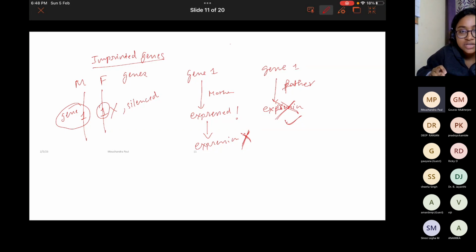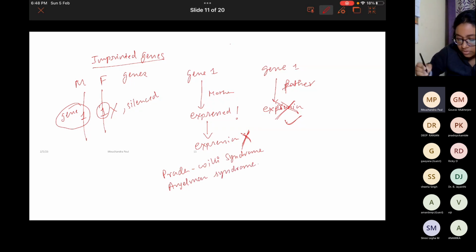There are actually diseases like this. An example I can give is Prader-Willi syndrome. Then there is Angelman syndrome, and these are related syndromes.